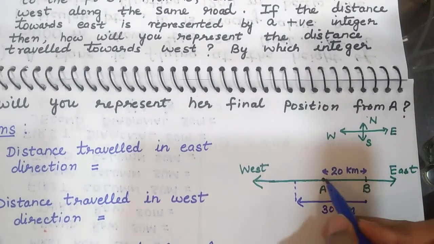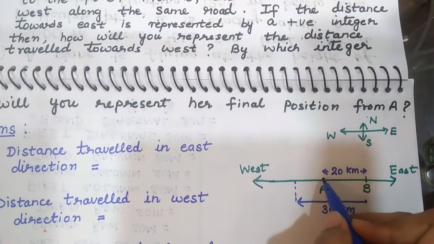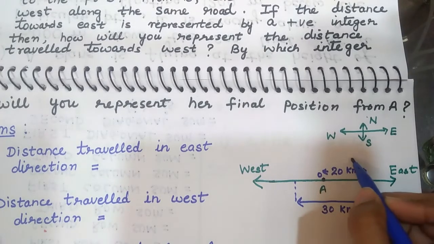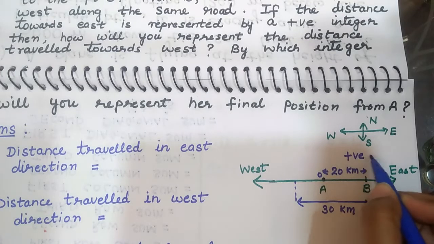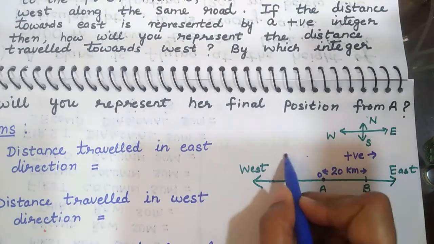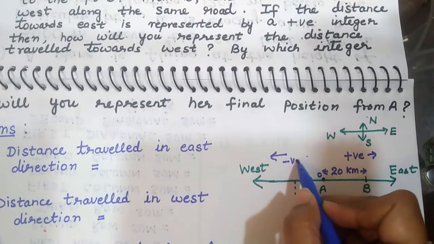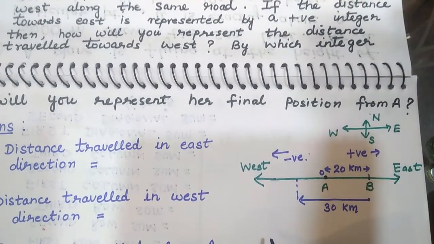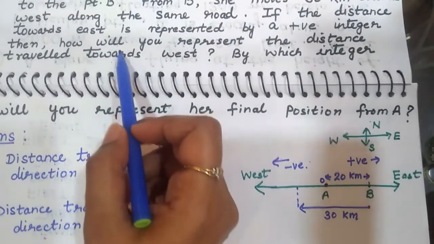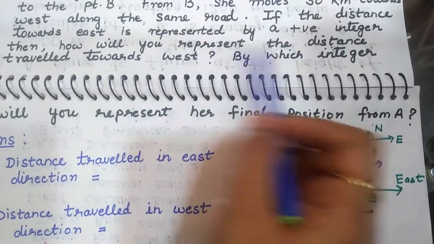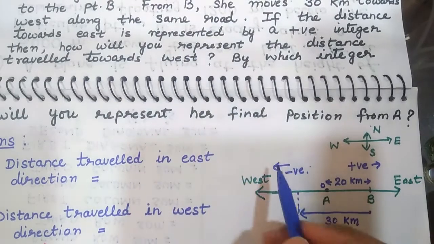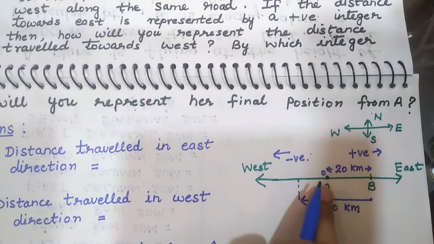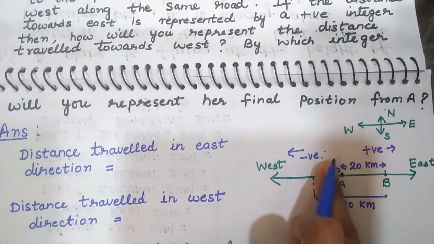Suppose this is the starting point, so we can say it is 0. If towards east is represented by positive, then the opposite side, towards west, will be represented by a negative integer. So this is the answer of part 1 of this question.